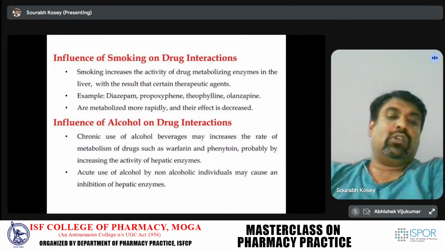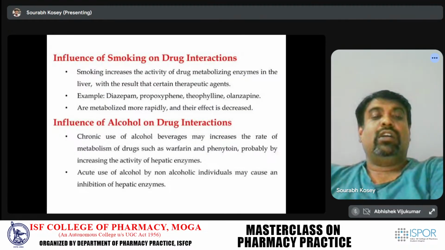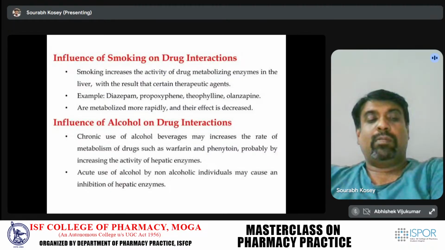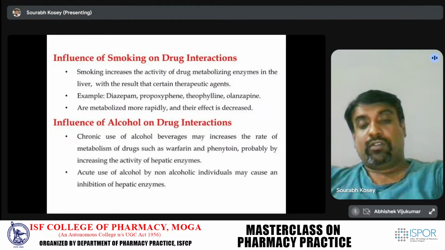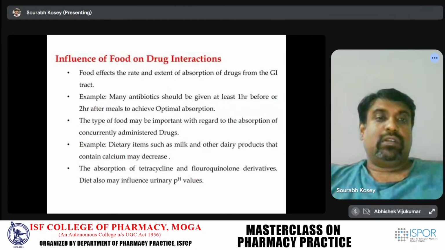Influence of alcohol on drug interactions: chronic use of alcoholic beverages may increase the rate of metabolism of drugs such as warfarin and phenytoin, probably by increasing the activity of hepatic enzymes. Acute use of alcohol by non-alcoholic individuals may cause an inhibition of hepatic enzymes.